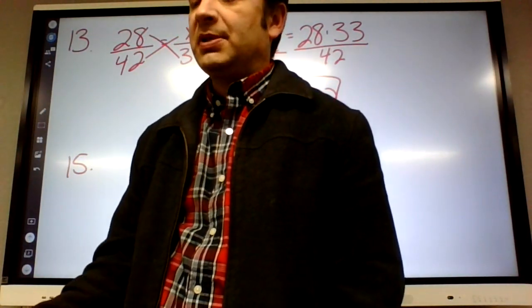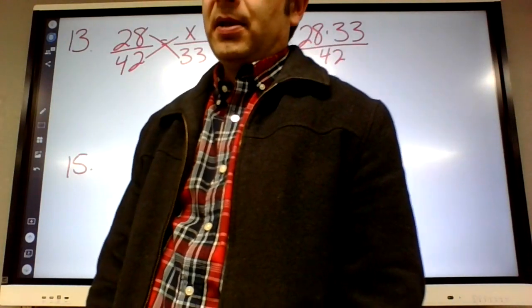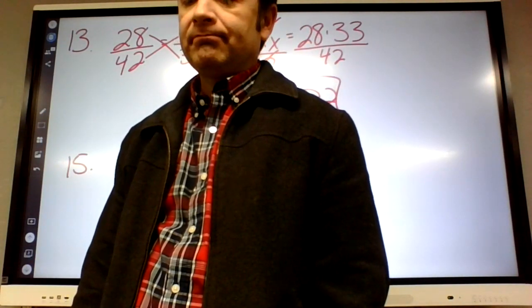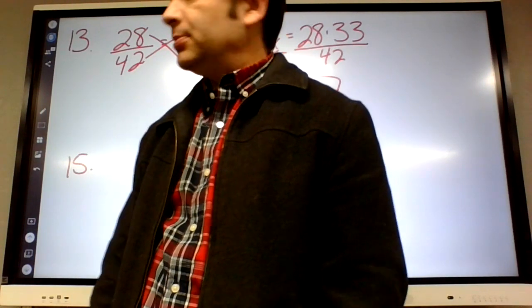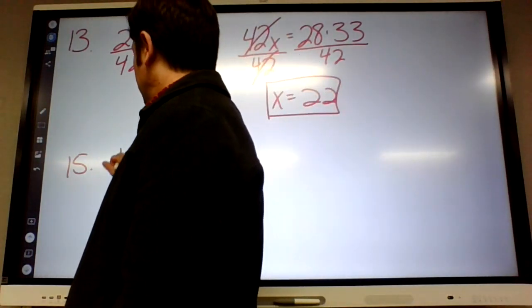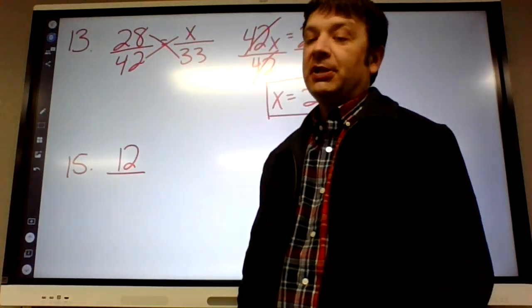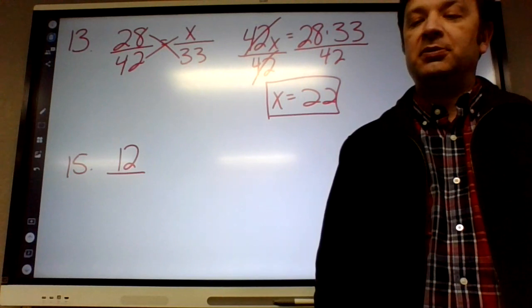Like 12 is the side of the big triangle. So 12, that side of the big triangle on the right, matches what on the little triangle?